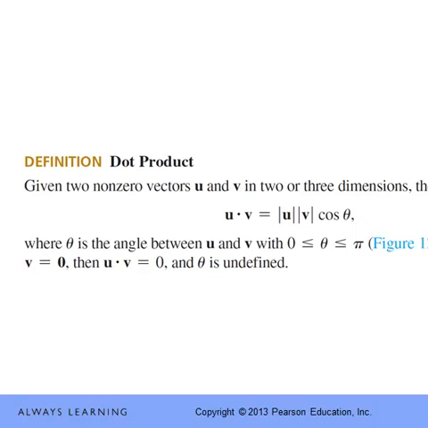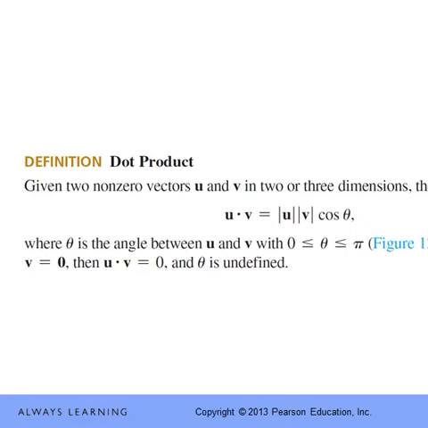We use a little bold-faced dot in between two vectors: the dot product of vectors u and v. One way that we can compute that dot product is if we know, or can easily find, the angle between the two vectors, then take the cosine of that angle times the product of the magnitudes of the two vectors.